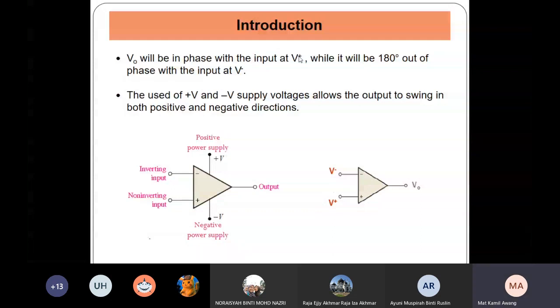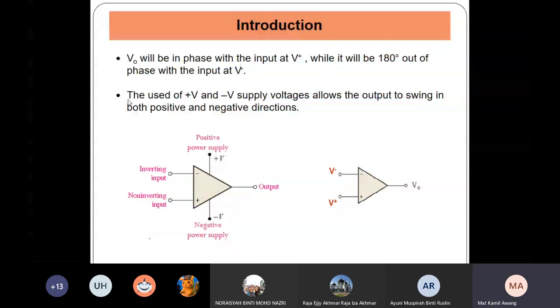Whereas for the inverting input, it will be 180 degrees out of phase with the input. If the input is positive, the output will be negative. If the input is negative, the output will be positive. So this is what this sentence means.